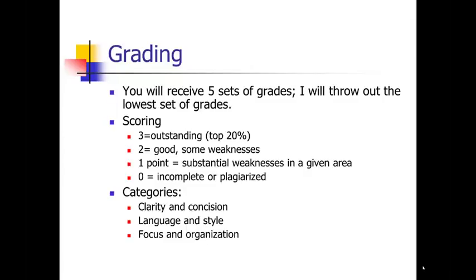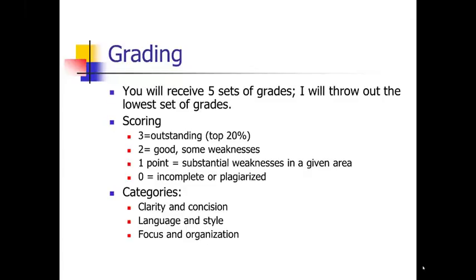So you will be graded on 3 categories. You'll get this 0 to 3 score on 3 categories. The first category is the clarity and concision of the writing. And this is everything I was talking about in Unit 1. So getting rid of clutter from your writing, writing in a clear and clean style, being concise, not using too much jargon and acronyms. Remember, you're supposed to be writing here for a wide audience of scientists and peers in your class.